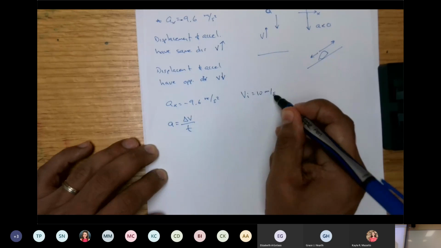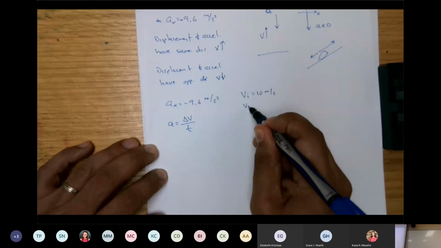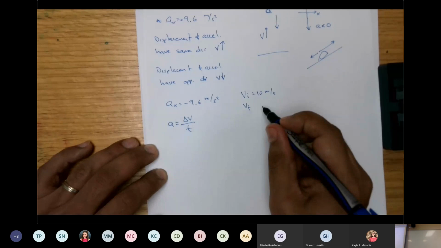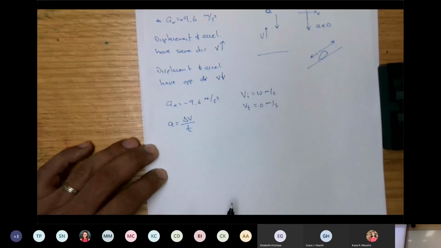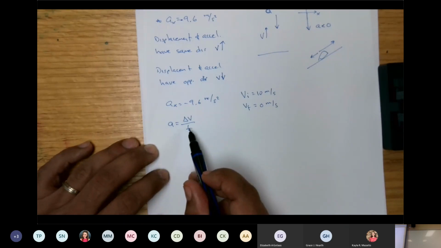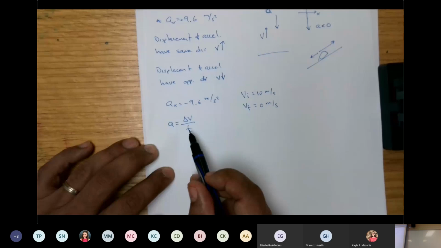And the final velocity, because we want to find out when it comes to a full stop, is going to be 0 meters per second. We have the acceleration, we have the change in velocity, and here we have time. But we don't want to know how long it takes this turtle to come to a full stop. We want to find out how far it traveled on the ramp before it comes to a full stop. So we cannot use this equation.